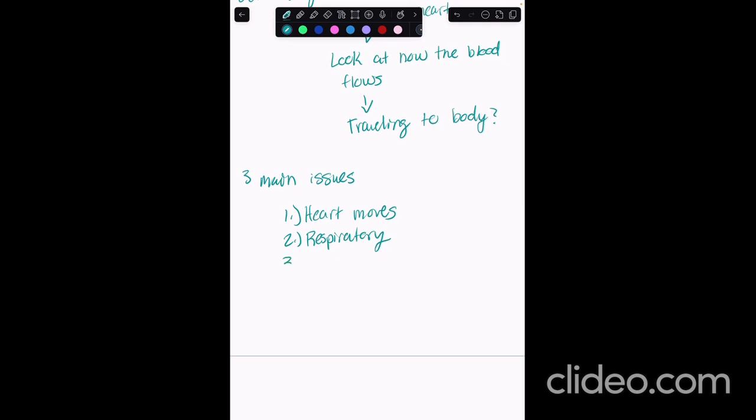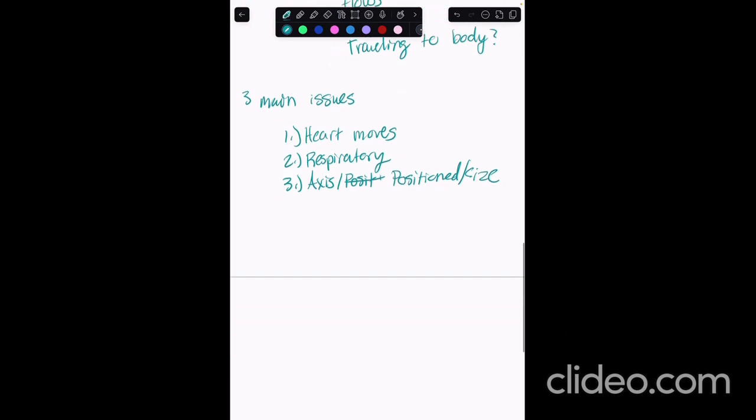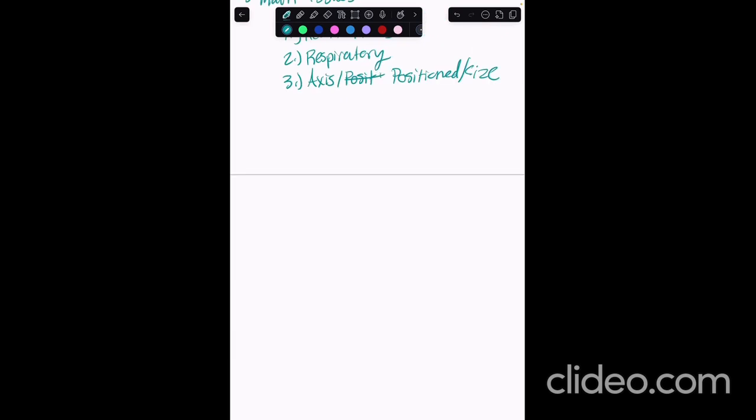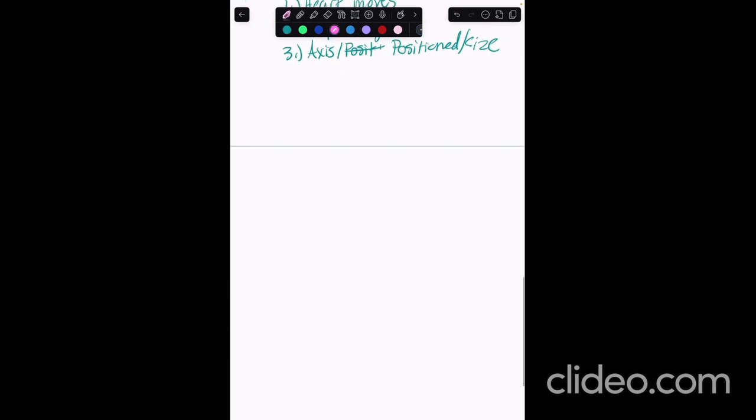And lastly, we have how it is on its axis, how it's positioned in the body, and the size. Each person is different. Somebody that is 6 foot versus somebody that's 5 foot: somebody that's 6 foot has more room in their cavity, so their heart is going to be more vertical, up and down, versus somebody that's 5 foot, it's going to be smaller.